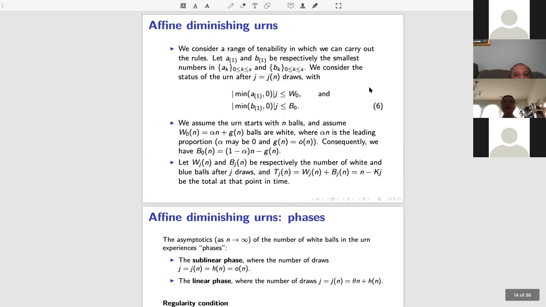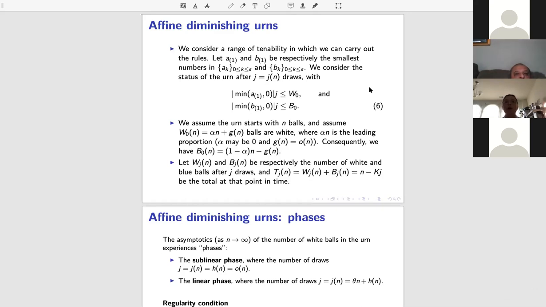For this class, because we have the diminishing feature, which means we reduce the population at each time step, we are guaranteed that there will be some time that the urn will be untenable, meaning that either we will not be able to draw the sample from the urn or will not be able to execute the replacement rules.